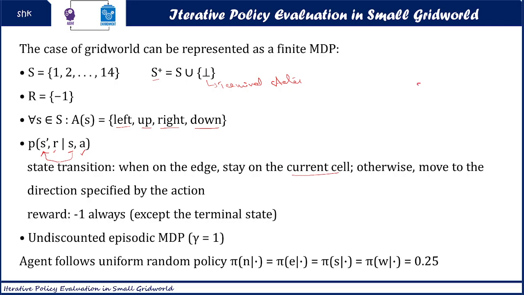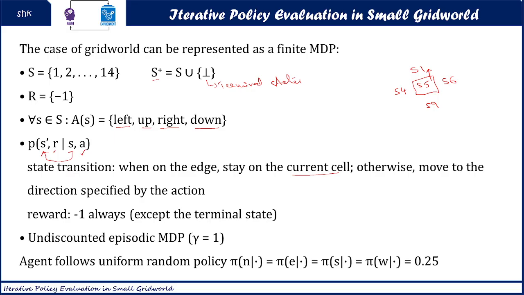Let us assume I have the S5 state. For this S5 state, on the left hand side we are going to have the S4 state, on the top the S1 state, on the downside S9 state, and on the right hand side the S6 state. So now if we are in S5 state, when the action is upward, we are going to move to S1 state.